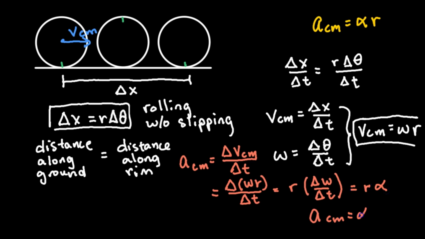We can substitute that in here, and we're going to factor out the r since the r is constant. That leaves us with delta omega over delta t. And by definition, alpha is equal to delta omega divided by delta t. And so the acceleration of the center of mass is equal to alpha times the radius. And once again, this is true for an object rolling without slipping.